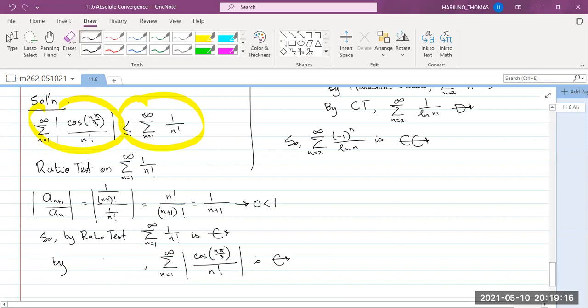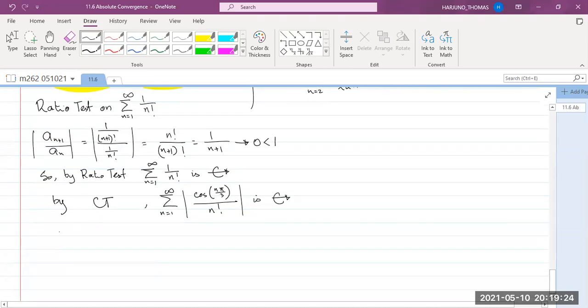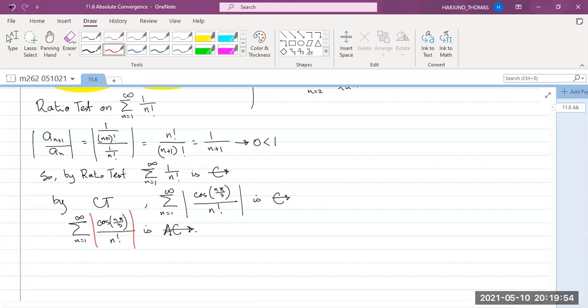That's right, by the comparison test. Oh, sorry, I didn't know you were asking a question. Yes, it's by the comparison test. And therefore, by definition, the original series, cosine n pi over 3 over n factorial, is absolutely convergent. That's the definition of absolute convergence: if you apply absolute value on the terms and it is still convergent, then without that absolute value, it is absolutely convergent.